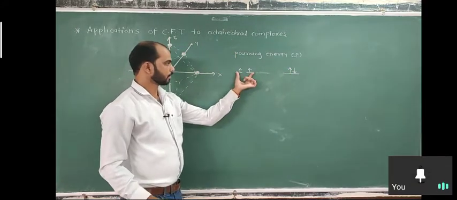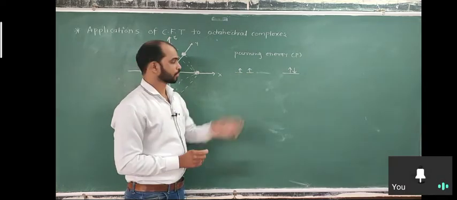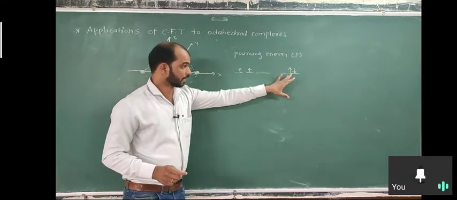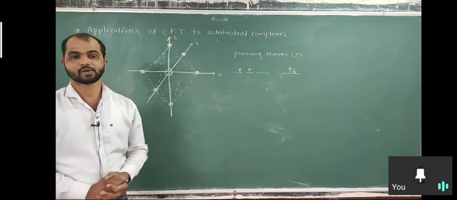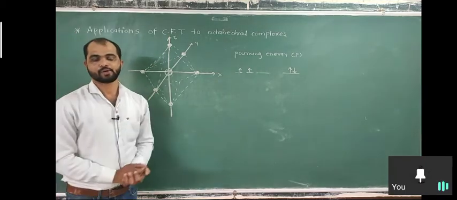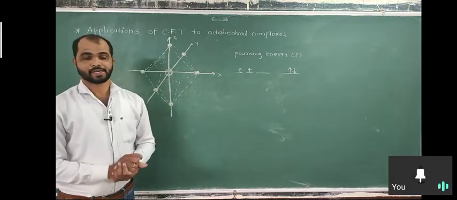Here these are unpaired electrons with parallel spin. When these are converted into pair form, pairing energy is required, and this energy is called pairing energy.